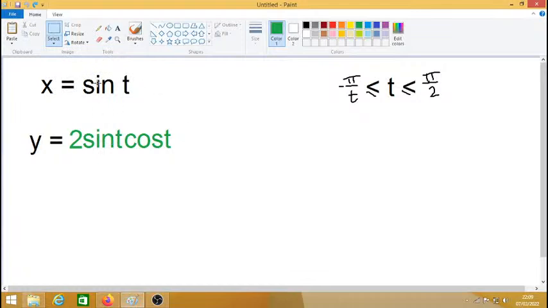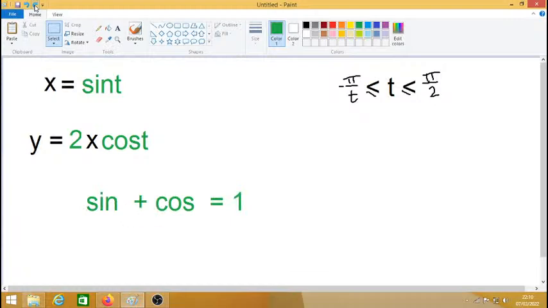Notice that the sine t and sine t here match, so the equation for y can be written as 2x cos t. The equation for x can be written as sine t. And then we're trying to substitute into the sine squared plus cos squared formula. So we've got sine squared plus cos squared is equal to 1. Sine squared is a direct swap.